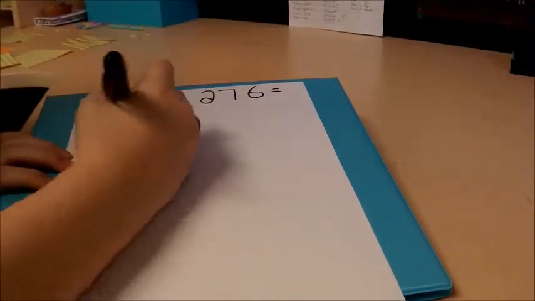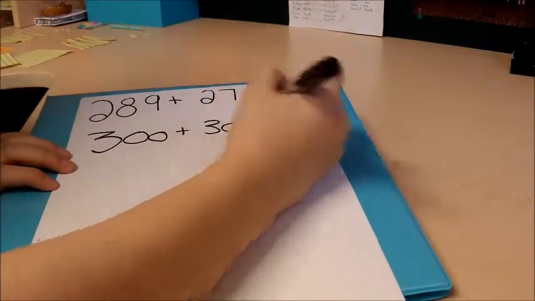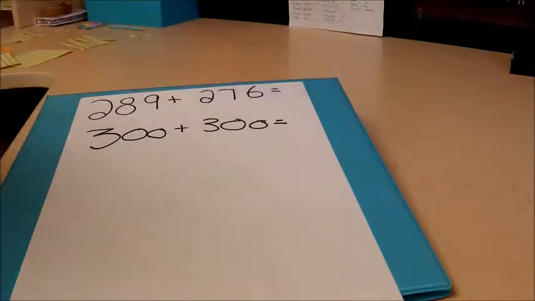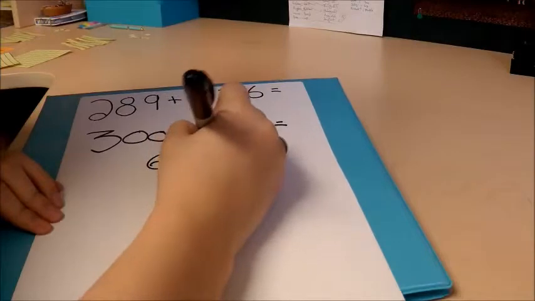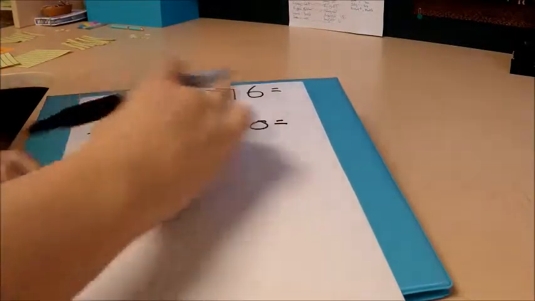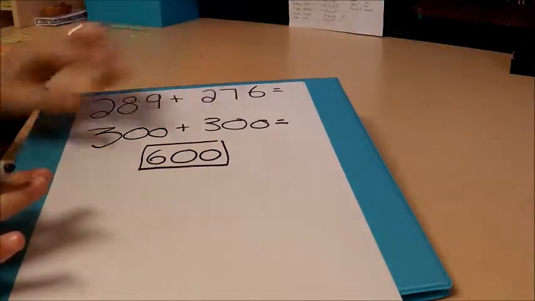So I'm going to make it 300 plus 300. And we can easily tell that 300 plus 300 is 600. So we know that because 300 plus 300 is 600, this number should be close to 600.